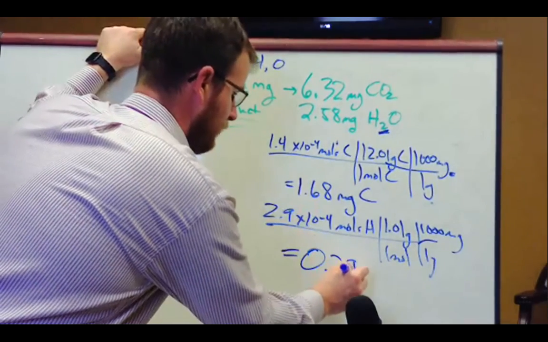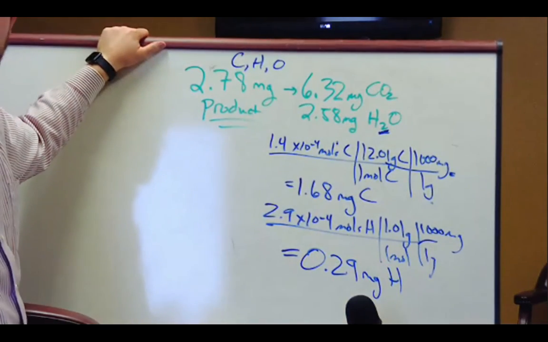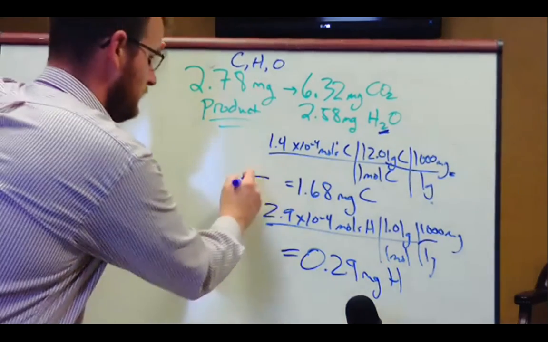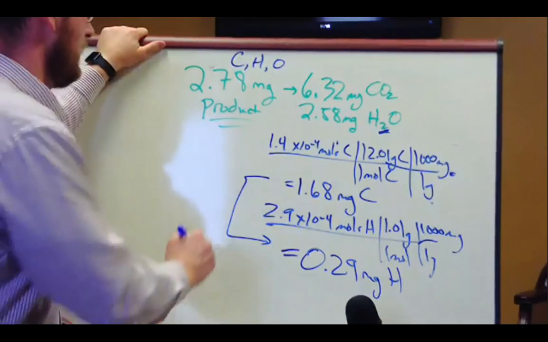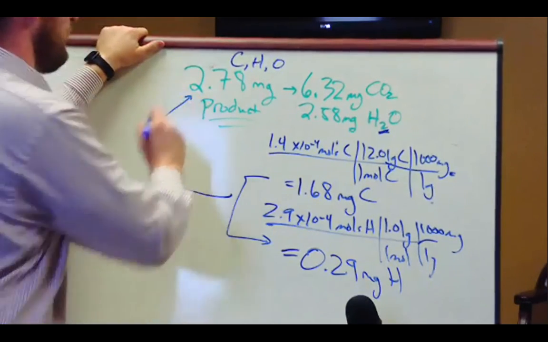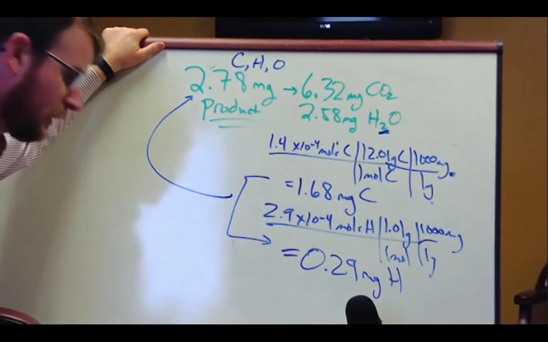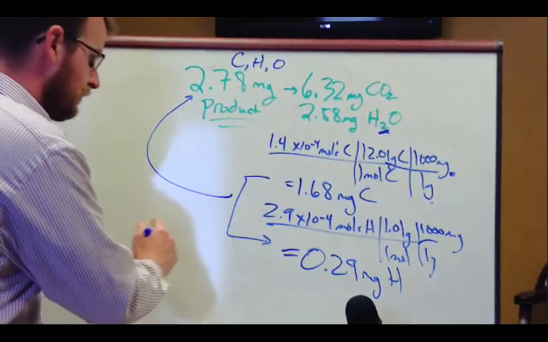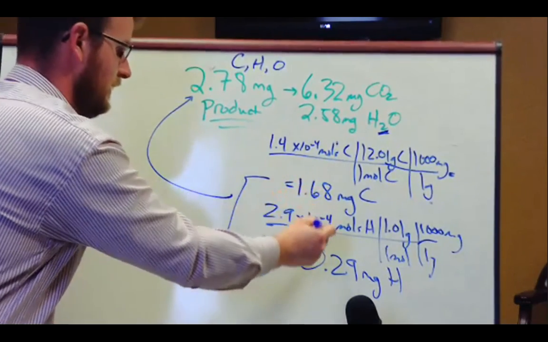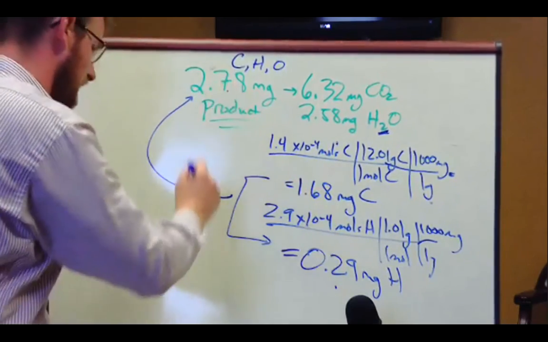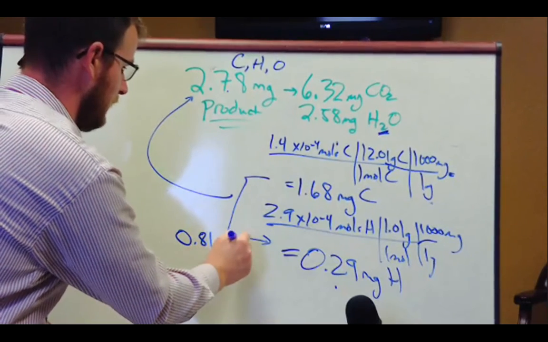And so we have 0.29 milligrams of hydrogen. Okay, well, these two, if we add them together and we subtract them from that, what's left over? The milligrams of oxygen. So when we take this plus this minus this, we get 0.81 milligrams of oxygen.